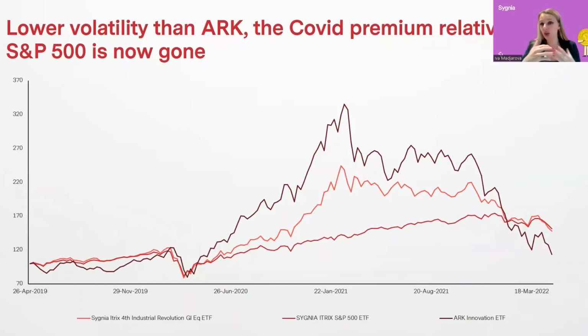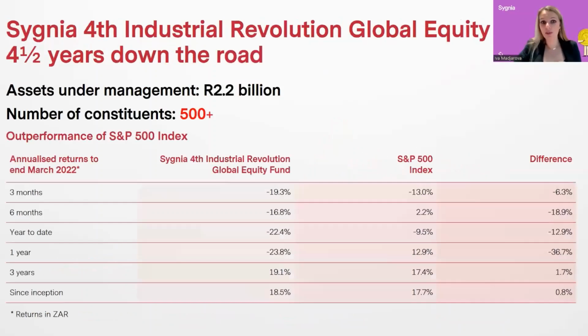But we can see that ARK, being a lot more concentrated, has shot up a little bit faster, but then has also had a much steeper fall. The Fourth Industrial Revolution Fund, because it is well diversified across a number of companies, as well as all of these different industries, is a lot less volatile than the ARK Innovation Fund, for example. And we can see this comfortable outperformance for many, many years against the S&P 500 other than the last couple of months.